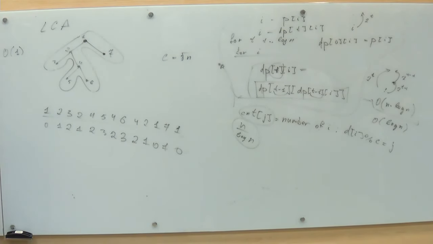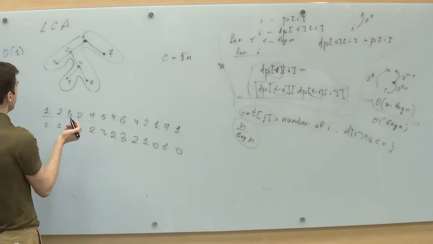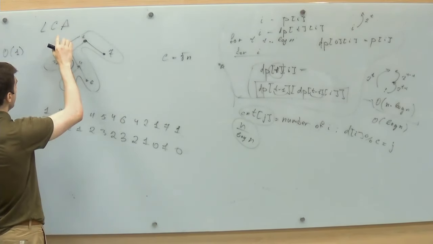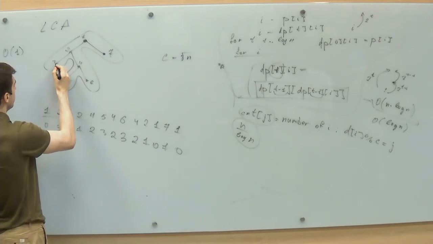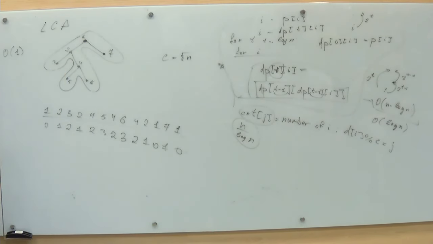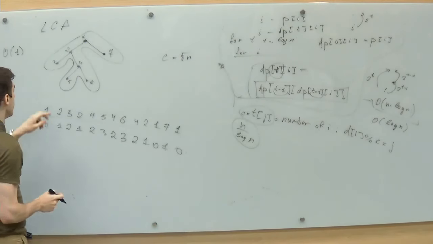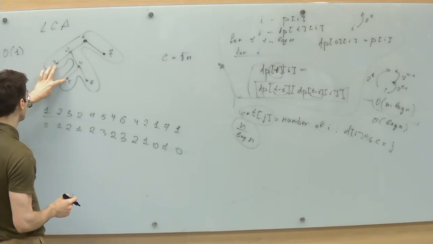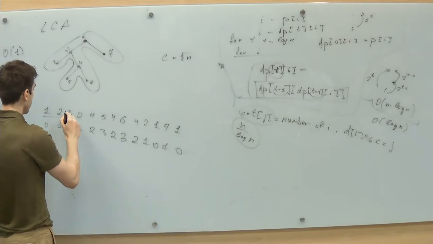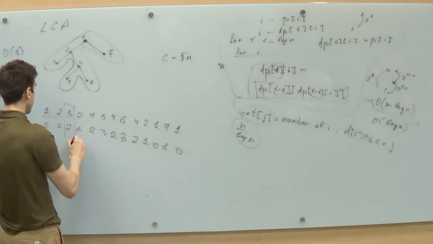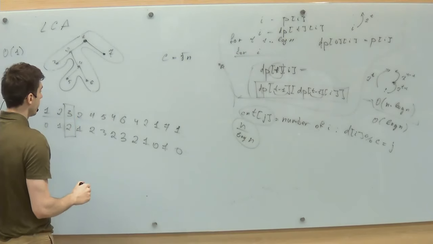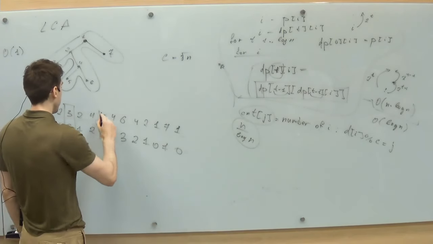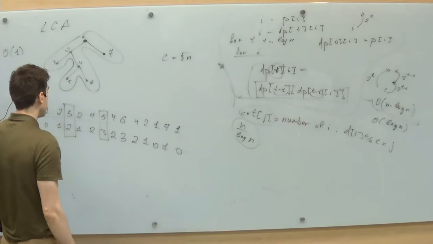And if you're looking to find the lowest common ancestor of, for example, this pair of vertices, we will look at our list at the position where both vertices first occur. So 3 is occurring here, and 5 is occurring here.